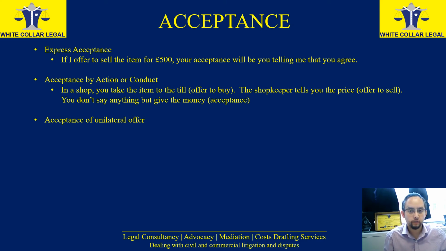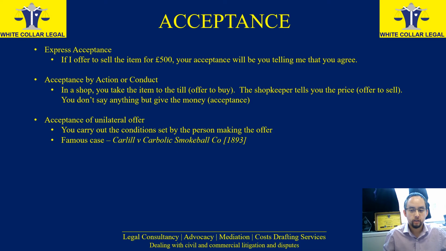Other sort of acceptances by conduct is that you receive offers and then you just carry out the task at hand. Perfect example: acceptance of a unilateral offer. Like, you carry out the conditions set by the person making the offer. Back onto our case of the Carbolic Smoke Ball.